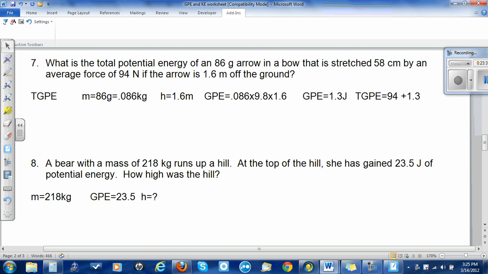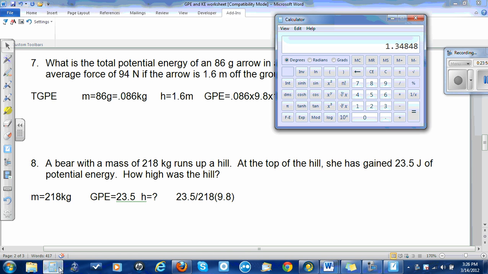Okay, so we have 23.5 divided by 218 times 9.8. That's going to equal 23.5 divided by 218 divided by 9.8 equals.